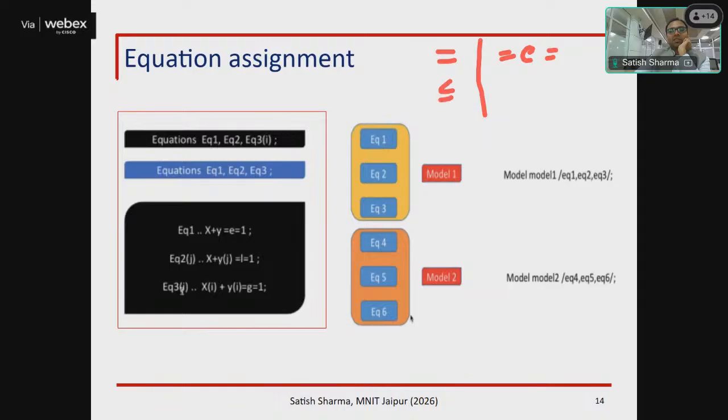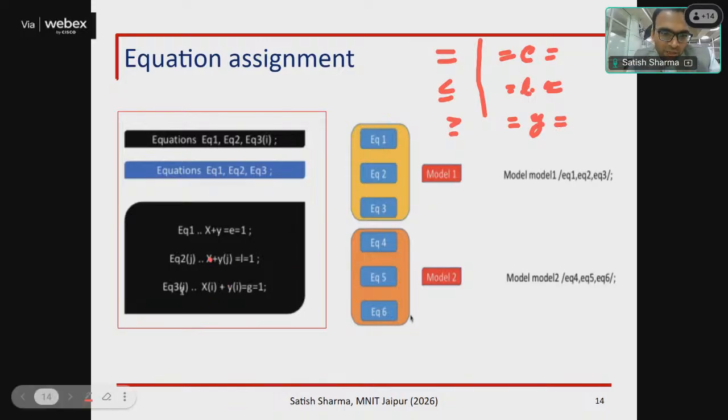Less than or equals to is written as =l=, and greater than or equals to is written as =g=. So L is less than or equal to, and G is greater than or equal to a particular value.